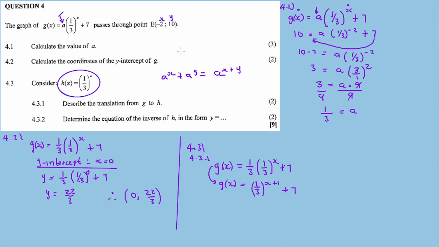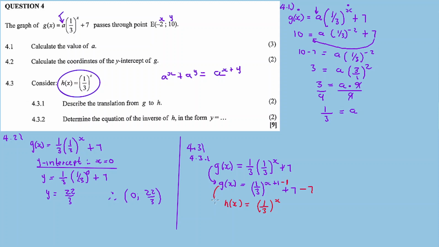Okay, now look. The question says how did we get from G all the way to H. Look, if I subtract the 7 here, and then subtract the 1 as well, I will find that my H is equal to 1 over 3 raised to exponent x, because this 1 cancels this 1, and this 7 cancels that 7.